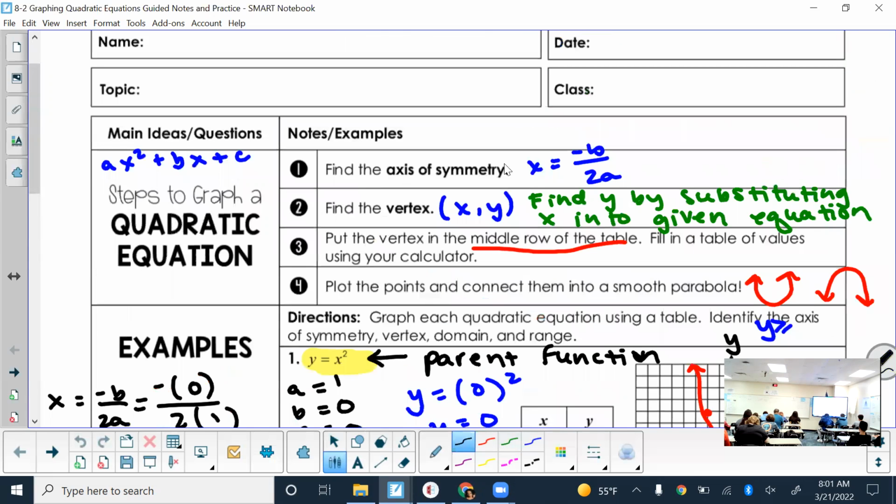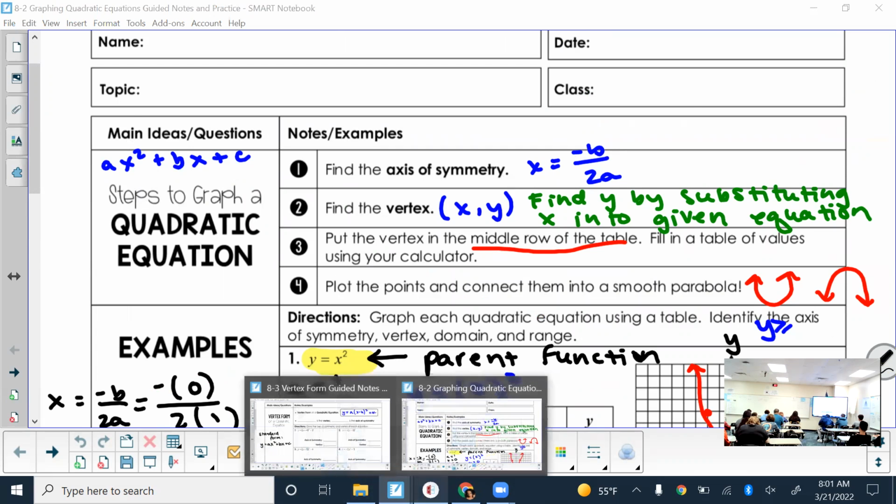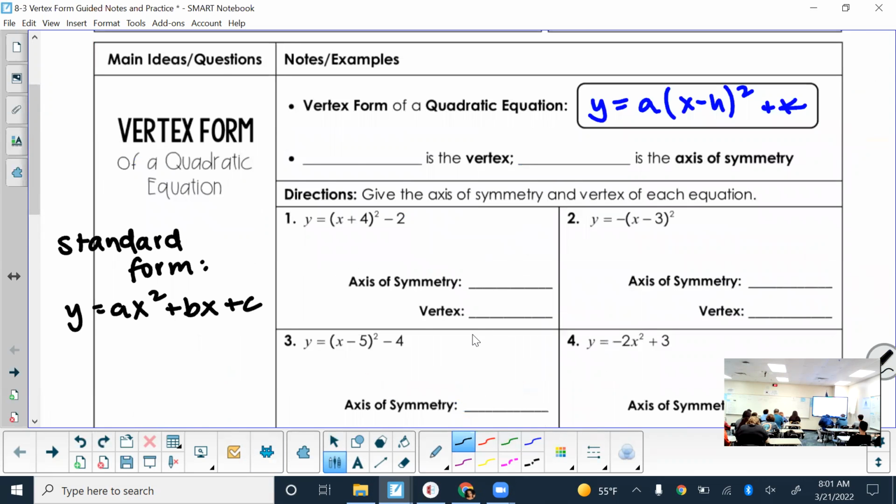All right, so remember, for the axis of symmetry, you have to plug it into this equation. To find the vertex, we have to plug in the x into the given equation and find y. So kind of a lot of work when it's in standard form. But when it's in vertex form, (h, k) will be my vertex, and x equals h will be my axis of symmetry.